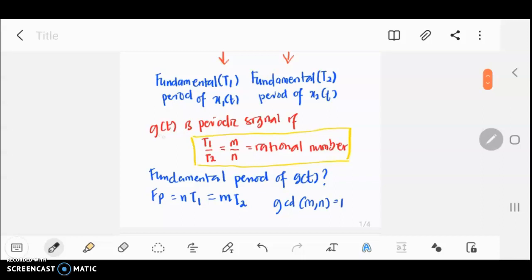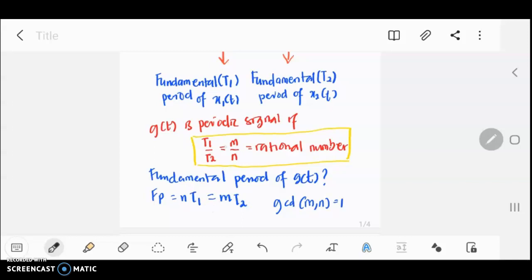If we want to know if g(t) is a periodic signal, we have to check if T1 over T2 is equal to M over N, and we will get a rational number. If we find that it is a periodic signal, we can get the period of g(t), which is given by the formula N T1 equal to M T2.